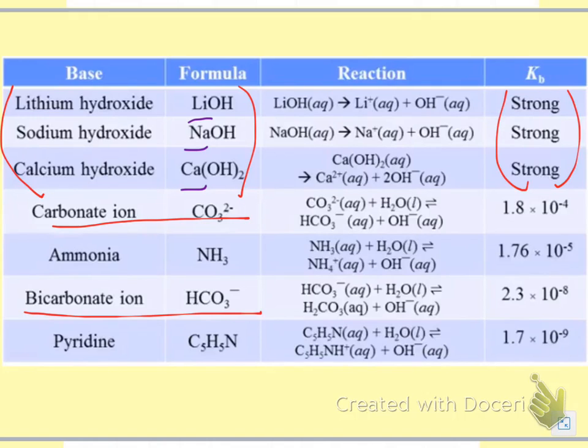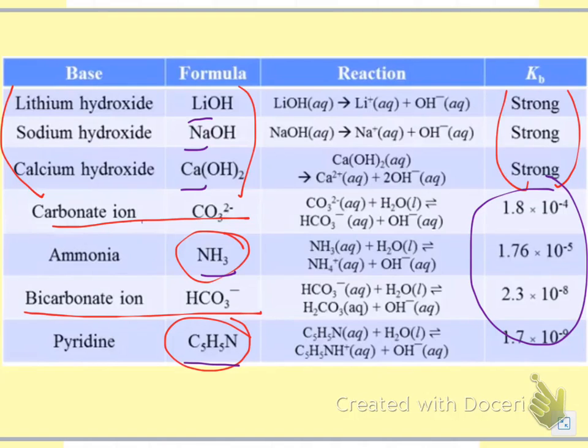Then I have two anions, the carbonate ion and the bicarbonate ion, which are both weak bases, as are two amine bases, which are nitrogen-containing bases. So I have ammonia and I have pyridine. And they are all weak bases.